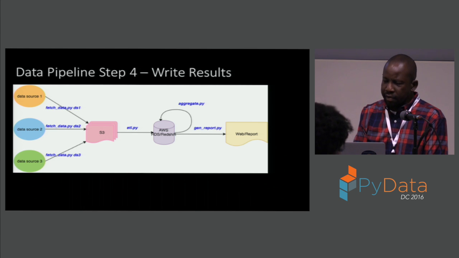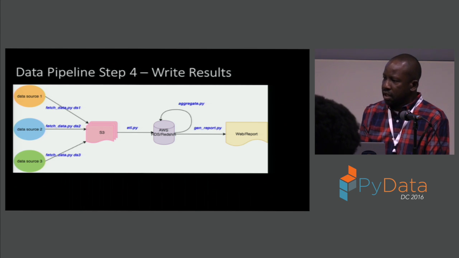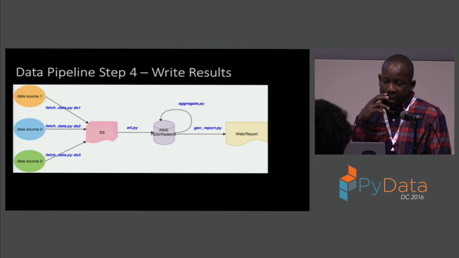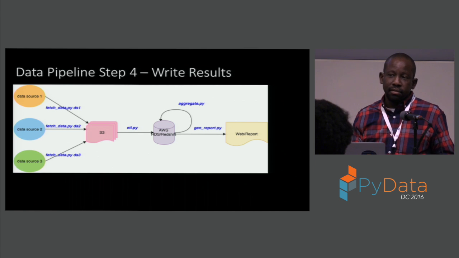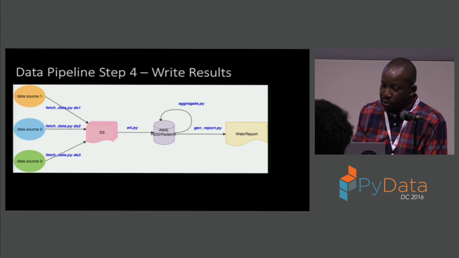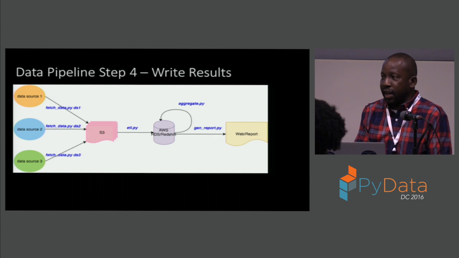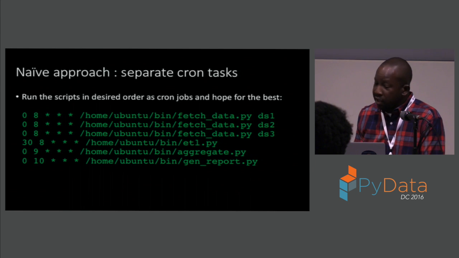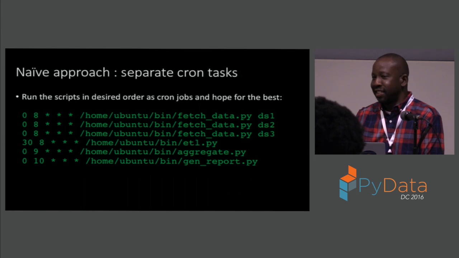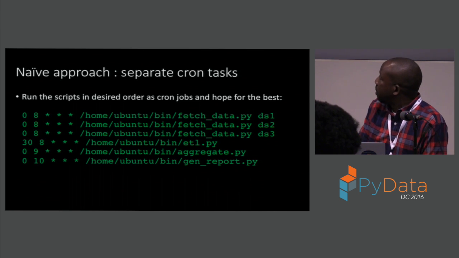So how do we sort of tool this? How do we run this in a consistent manner? So let's start with what I call an extremely naive approach, okay? Which would be, we're Unix guys. I assume everybody here understands cron. We could cron each one of those jobs separately.